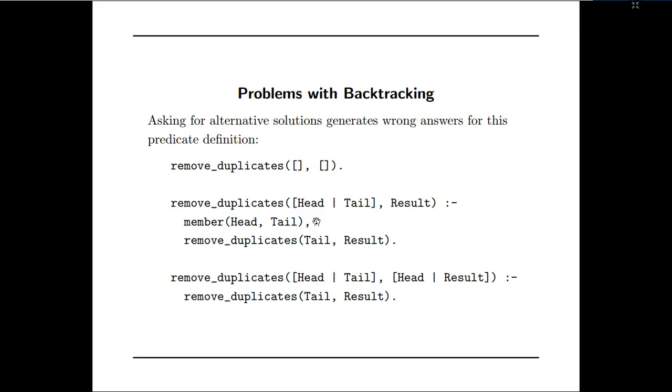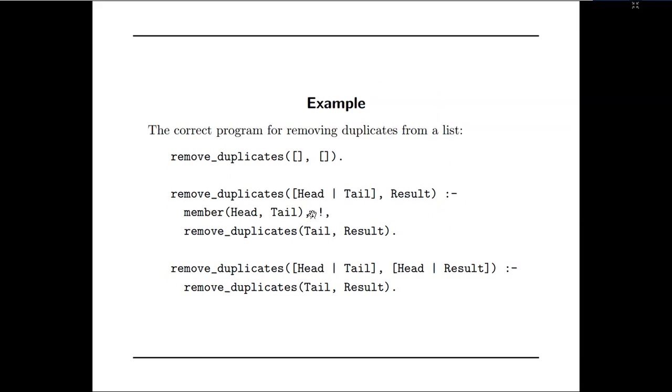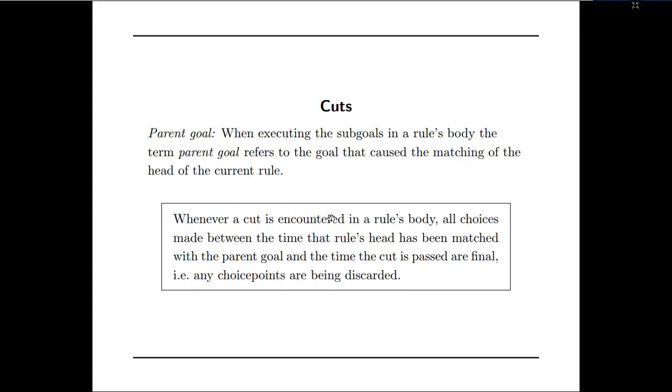So a simple modification you can make to eliminate this problem with the backtracking is introducing a cut here, just like this. Here a cut is introduced. What this cut will do is, whenever a cut is encountered in the rule's body, all choices made between the time that the rule's head has been matched with the parent goal and the time that the cut is passed are final.